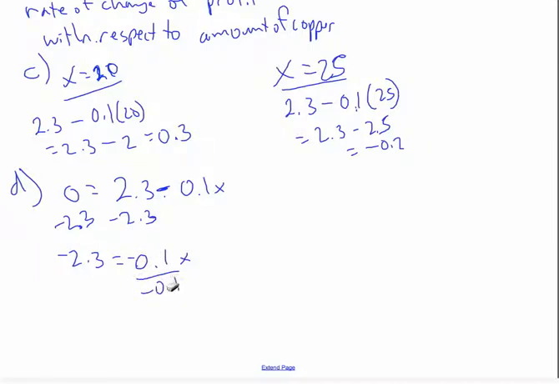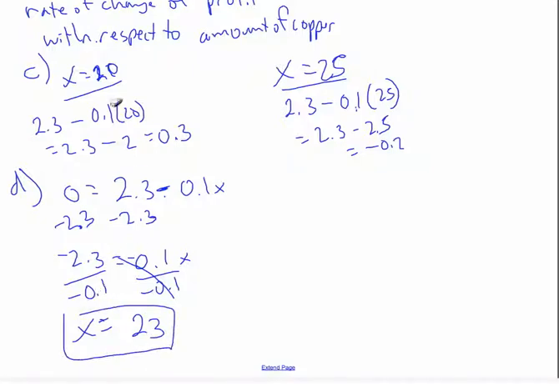Divide by negative 0.1. You could do that on your calculator if you like. You will get positive 23. So we saw here that the profit is increasing and then decreasing, but the profit is staying the same if you're mining 23 tons of copper.